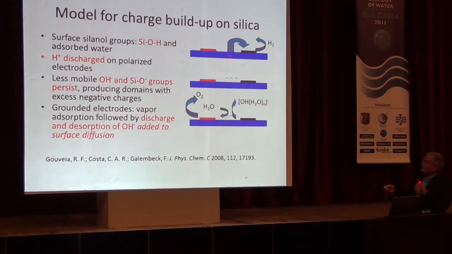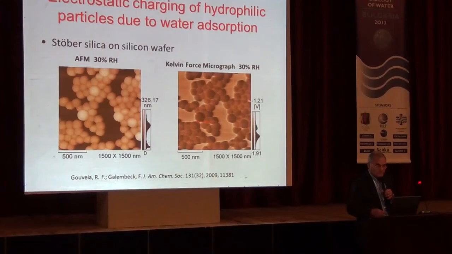On the silica surface, we have silanol groups, out of which H+ ions can discharge on the negative electrode, leaving behind silicate groups that are negative, fixed, and that remain in the surface until the system is short-circuited and water can come in to eliminate charge, either by oxygen release or by evaporation of water carrying excess ions.